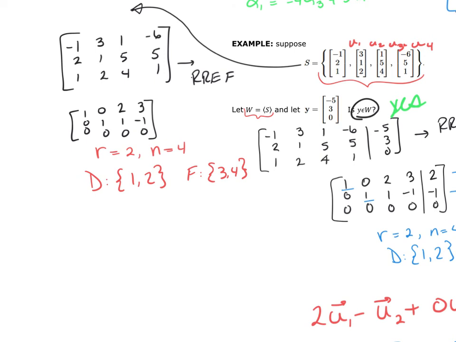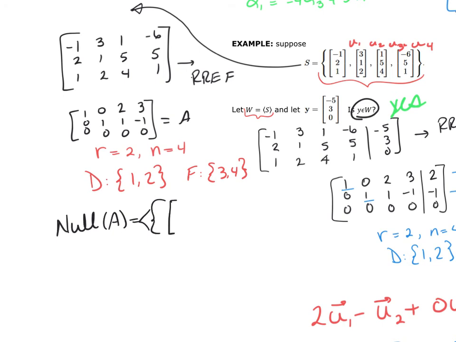So if I look at just this matrix, and I call this matrix A, then my null space of A is going to be defined as, I don't have any constants, so I don't have to worry about that.